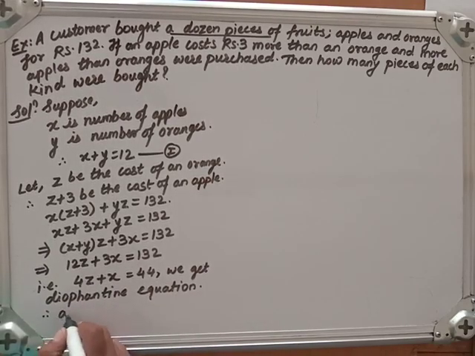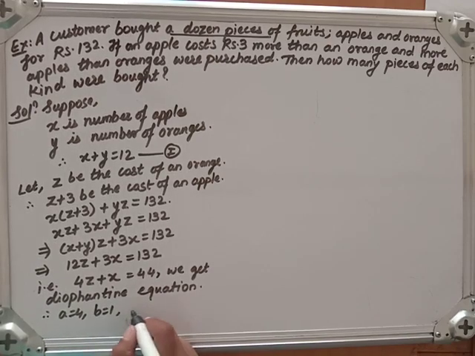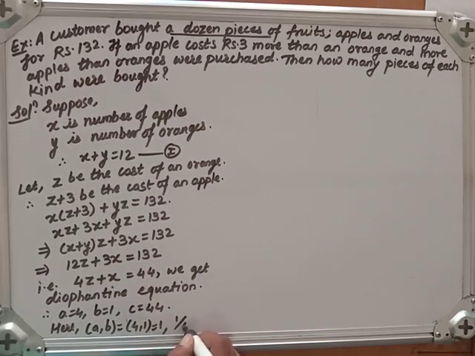Therefore, A is equal to 4, B is equal to 1, C is 44. Here, the GCD between A and B, that is GCD between 4 and 1, is 1, and 1 divides 44.